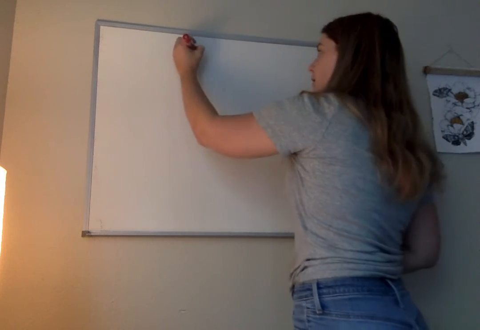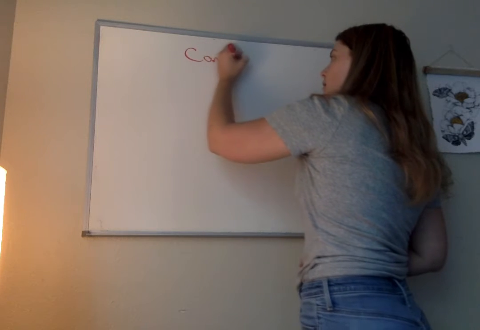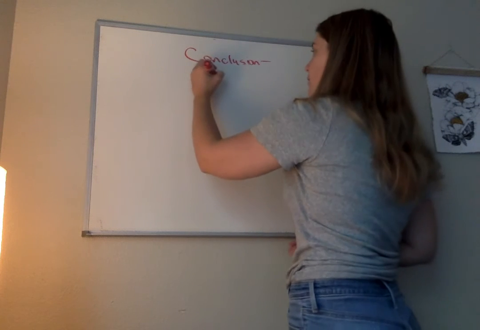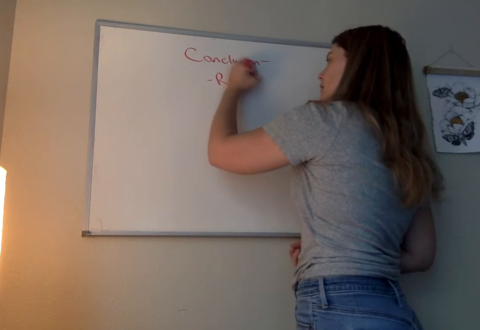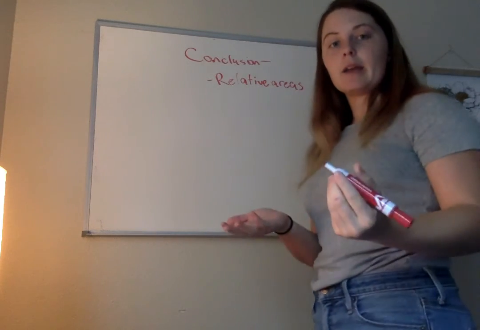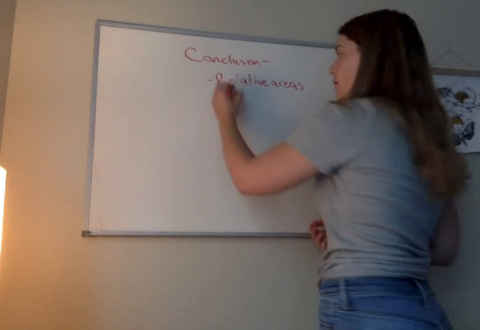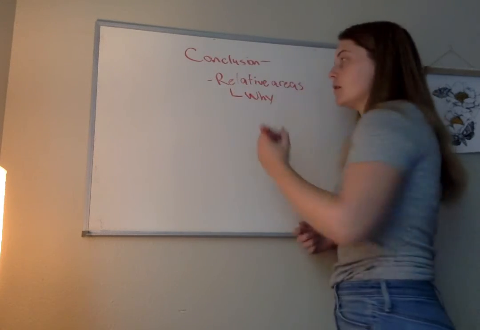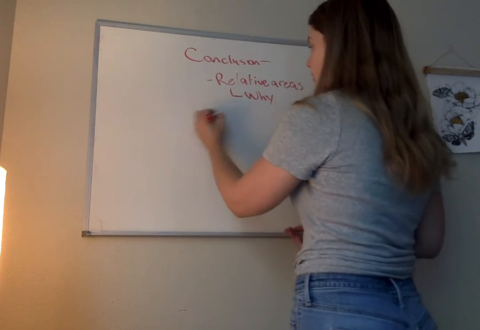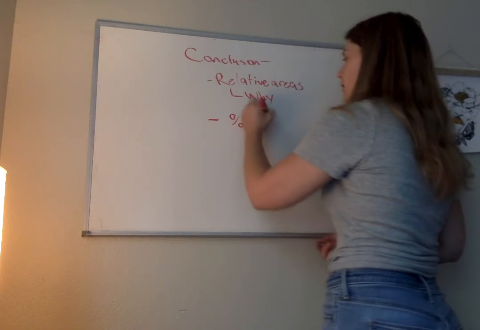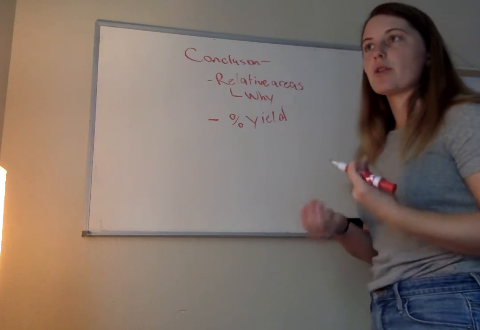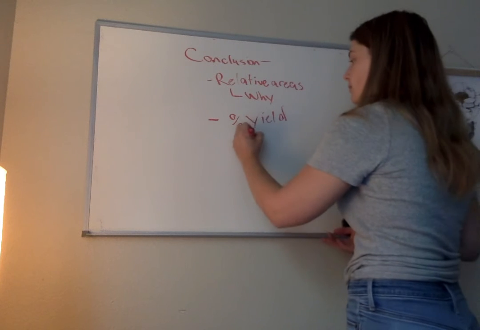So in the conclusion, I want you to discuss the relative areas. I want you to talk about why you sell more of one product over another. And I want you to explain the yield. It's not as important, but it is important to talk about the theoretical reasons why there might have been loss.